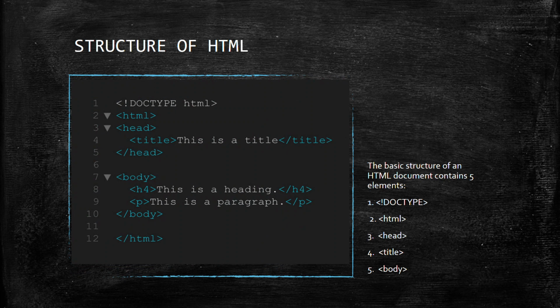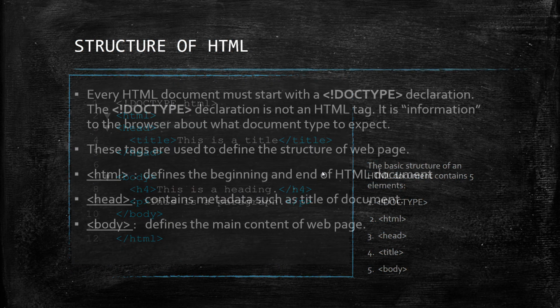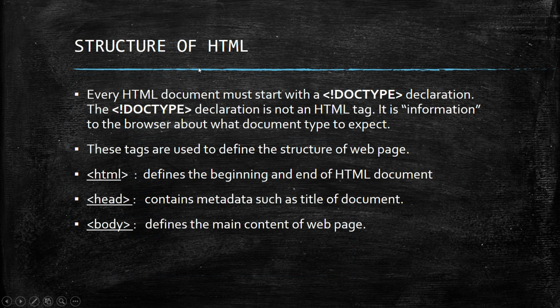The basic structure of an HTML document consists of five elements: the doctype, HTML, head, title, and body.